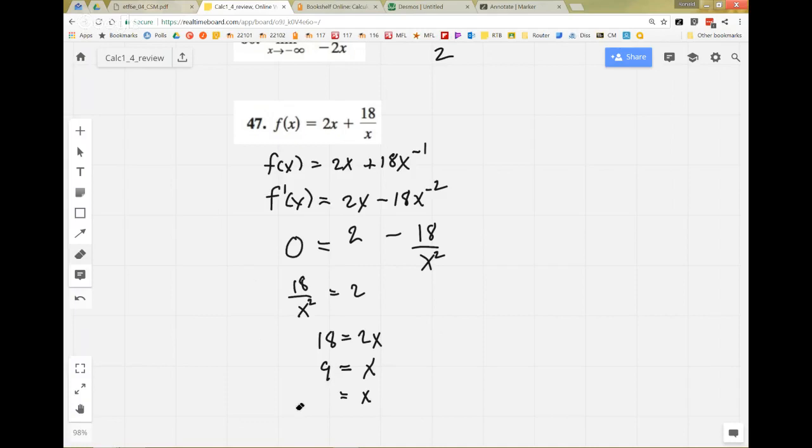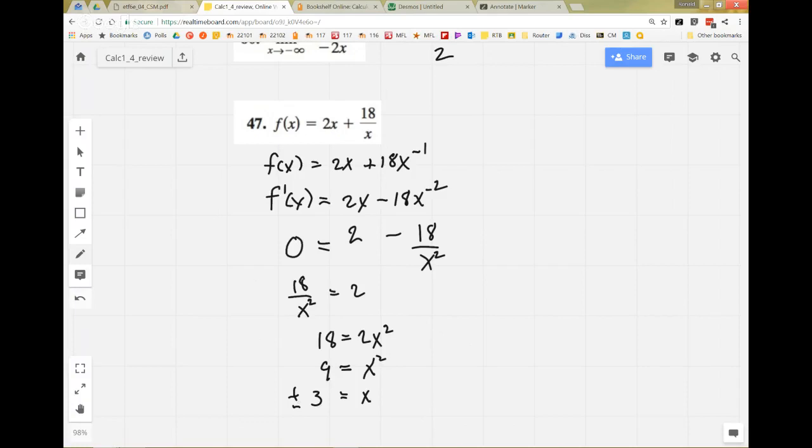Thank you for catching that. So 2x squared, x squared equals 9. Now we get two roots, plus and minus 3 appear to be critical values.